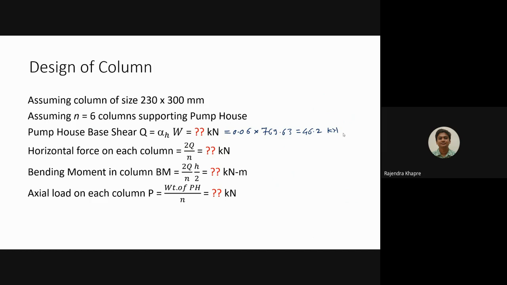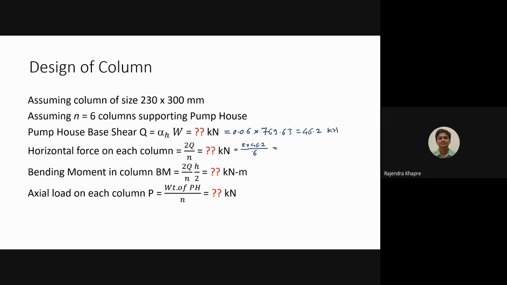Now the horizontal force on each column can be calculated by a simple expression, 2 into Q divided by number of columns. So here all we can do is 2 into 46.2 divided by n, where n is your number of columns, that is 6. How much is this?